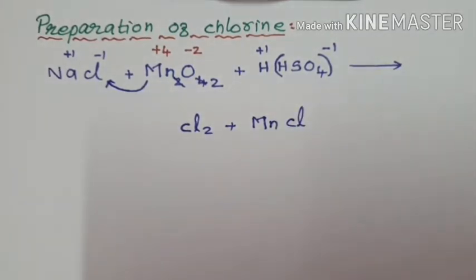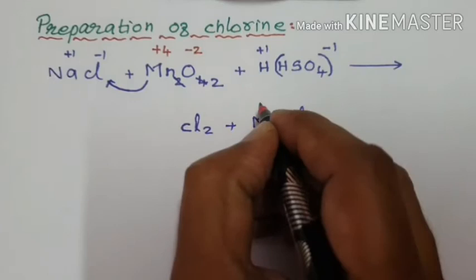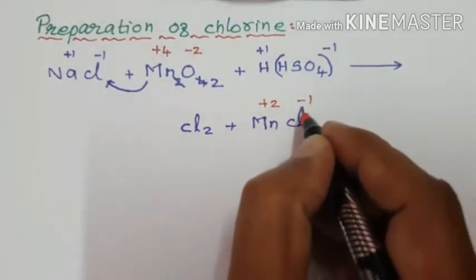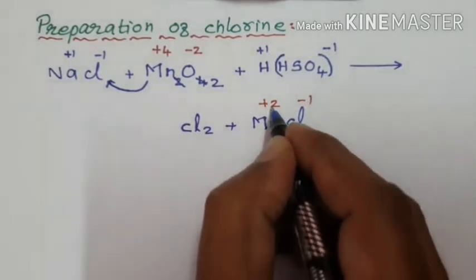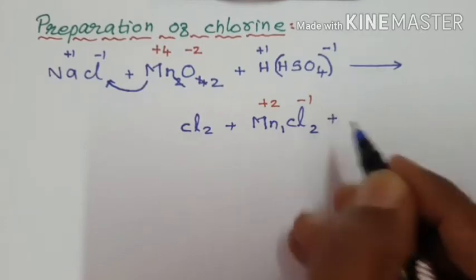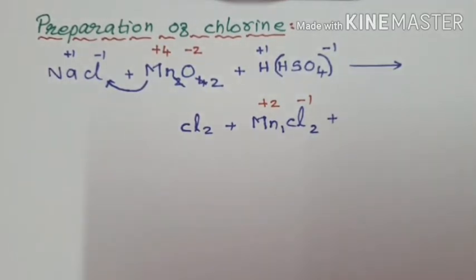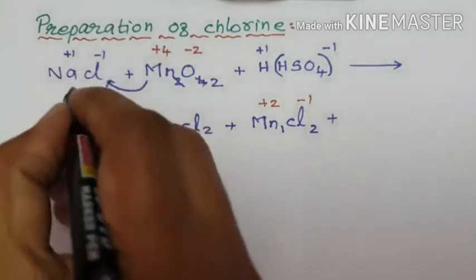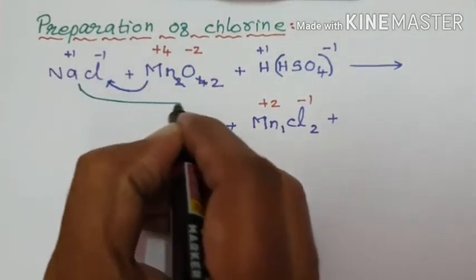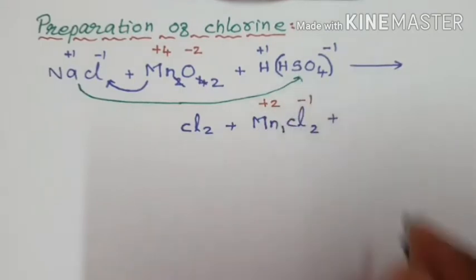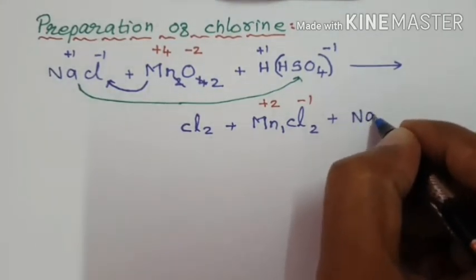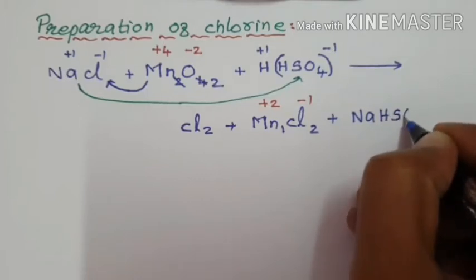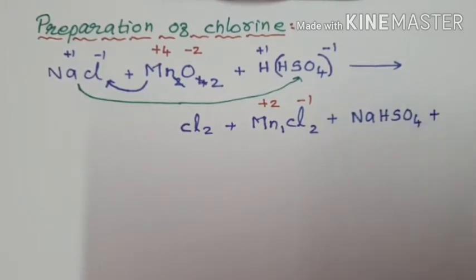In this compound, the manganese oxidation state is +2, chlorine -1. Manganese 2 plus is there. And the Na plus ion combines with the bisulfate ion, HSO4 minus ion, and gives NaHSO4, sodium bisulfate.